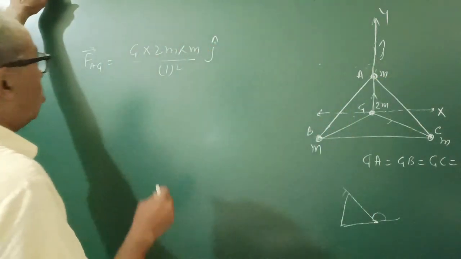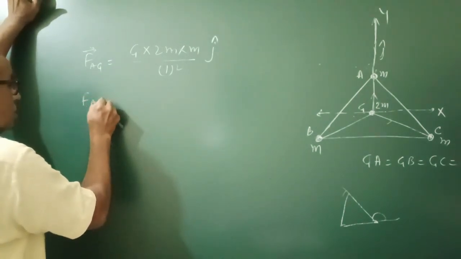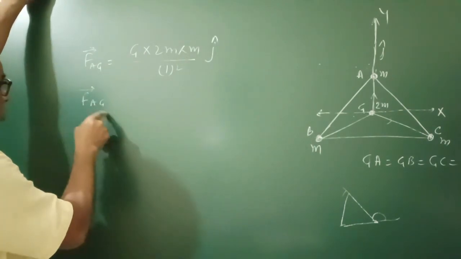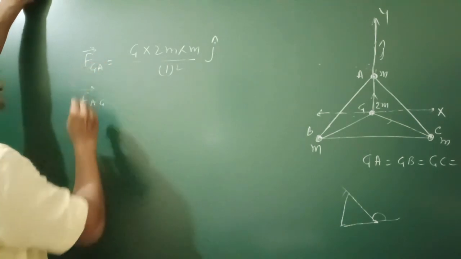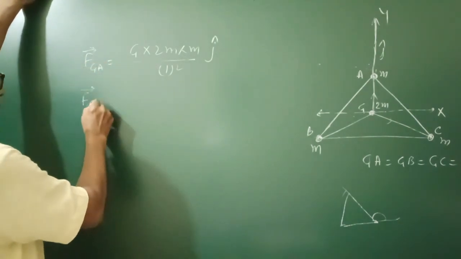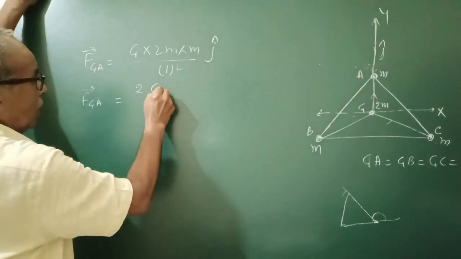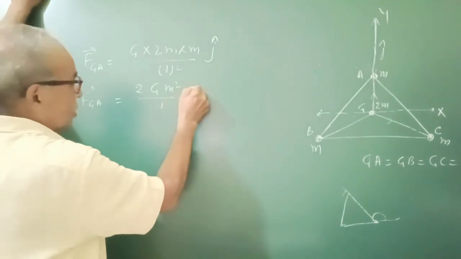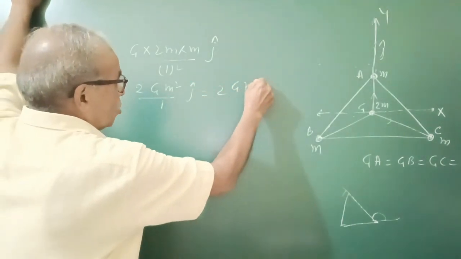We said force on G due to A, and you can write it as FGA, which is better. Force on mass G, GA, it is 2GM square upon 1 j cap, so 2GM square j cap.